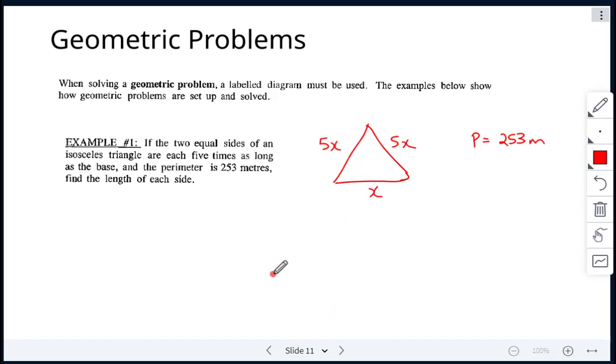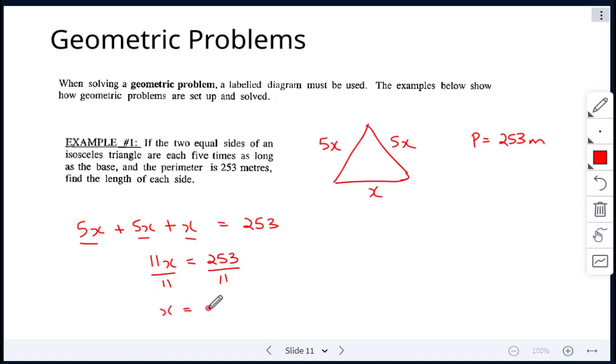Now we have all 3 sides. We just have to add them up and make it equal to 253. So 5x plus 5x plus x is equal to 253. Combine your like terms: that gives me 11x is equal to 253. We divide by 11, and that gives me x is equal to 23.